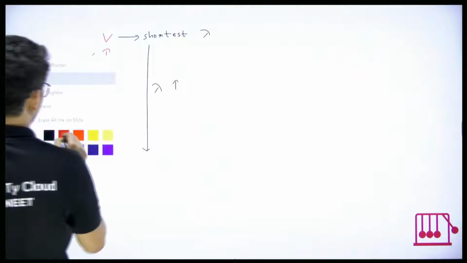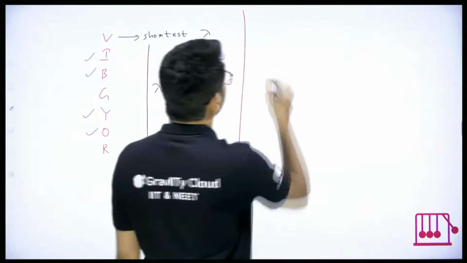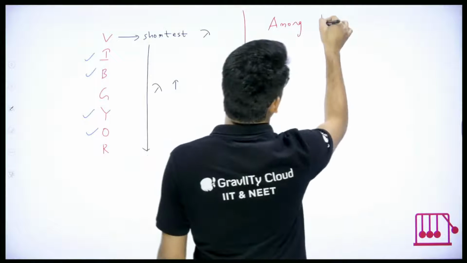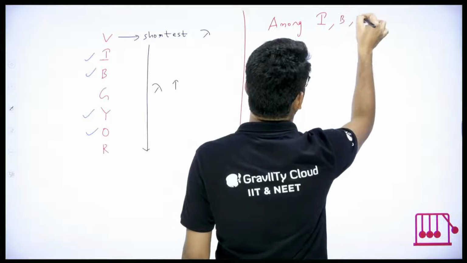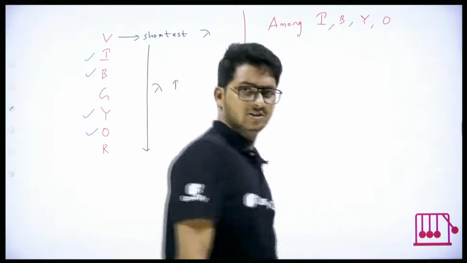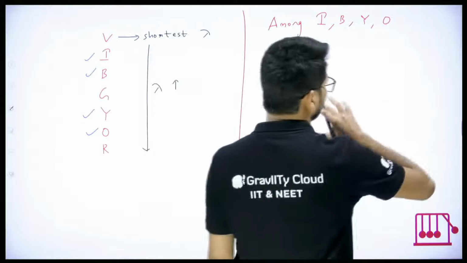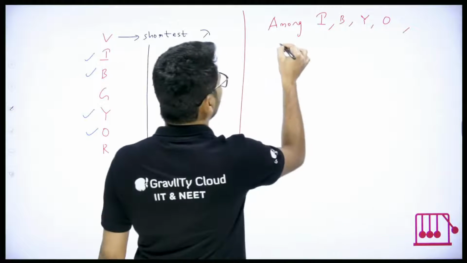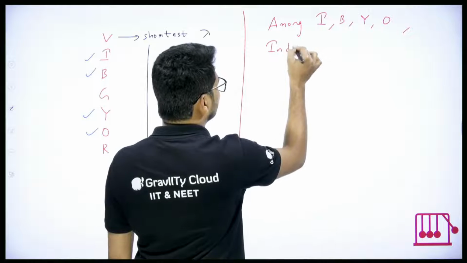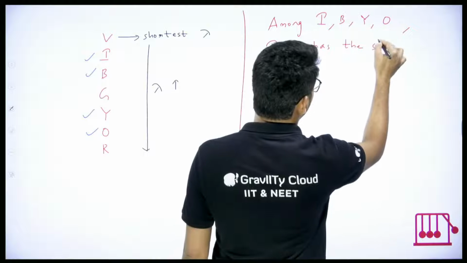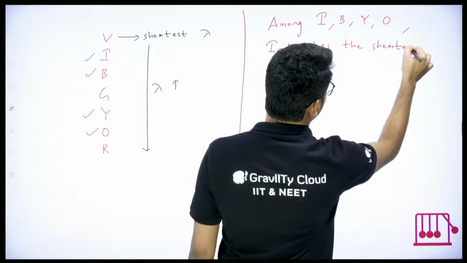Indigo. So among the options given, I'll just write I for indigo, B for blue, Y for yellow and O for orange. Among these four options, indigo has the shortest wavelength.